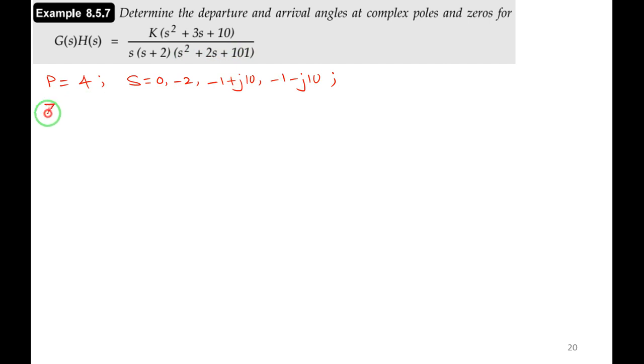How many zeros are there? Observe, 2 zeros are there because in the numerator the highest power of s is 2. Let me get the roots of this also: solve s squared plus 3s plus 10. You can use a calculator, or else I have the reference here.